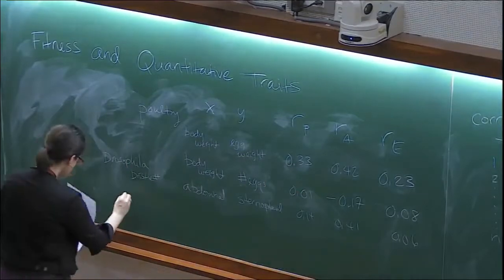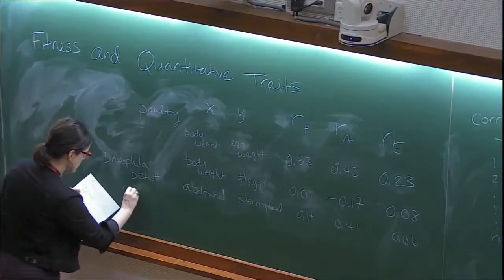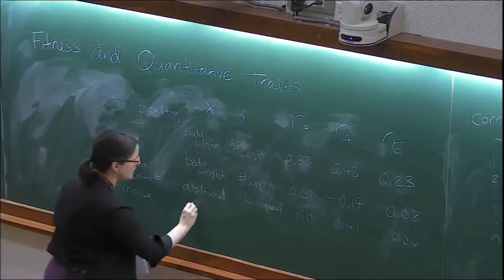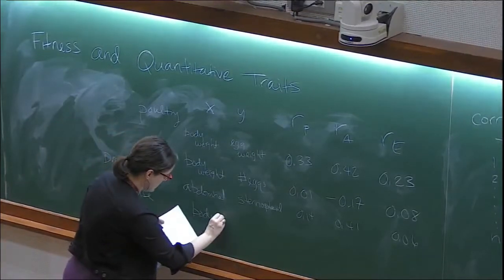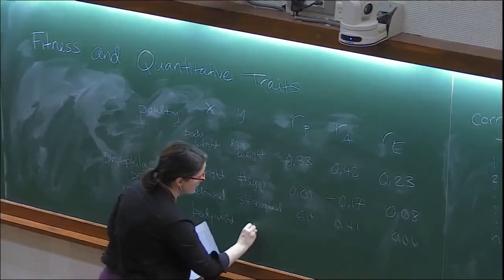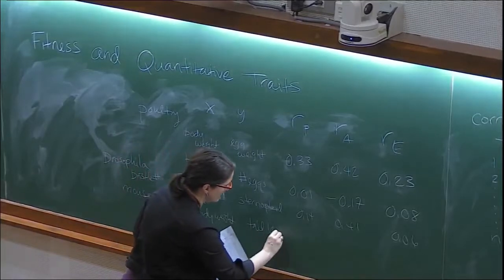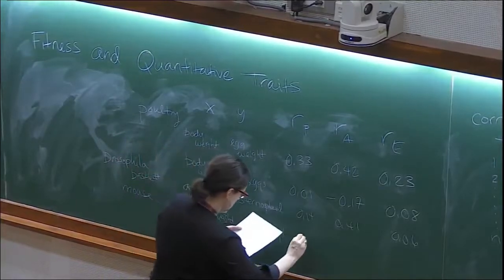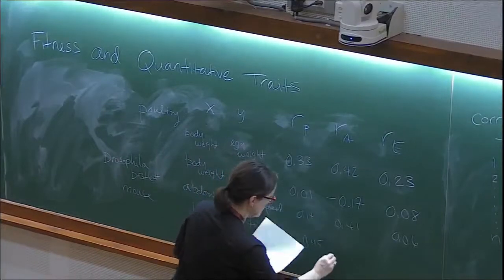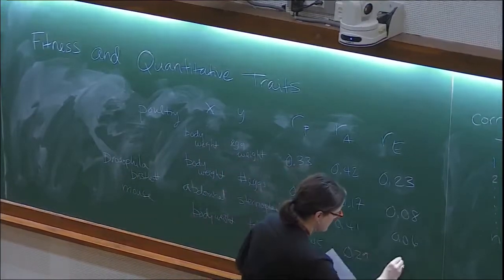And all sort of size type things almost always show positive. So in mouse, body weight and tail length, which is generally related to total body length as well. And I think this was 0.45 and 0.29 and 0.56.